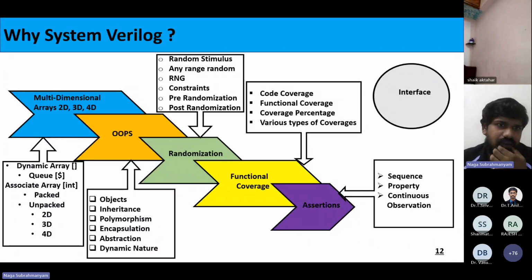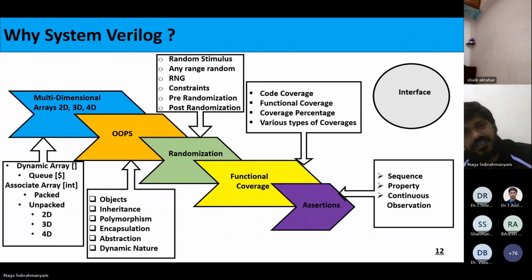But the thing we need to understand is that not all of these things are useful in the design. Some of these are not at all useful in the design. OOPS is not at all required for the design.